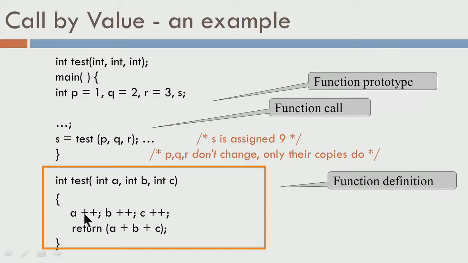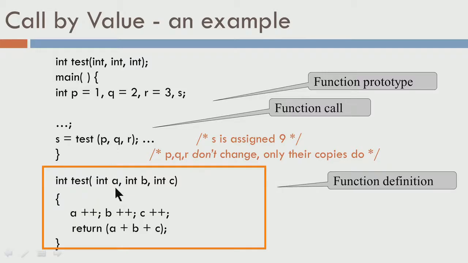So, a would be 2, b would be 3 and c would be 4, and you add 2 plus 3 plus 4. So, the result would be 9 and that is what is returned as s. So, s gets 9. That is something that is probably clear to you by now, but what happens is p, q and r do not change.